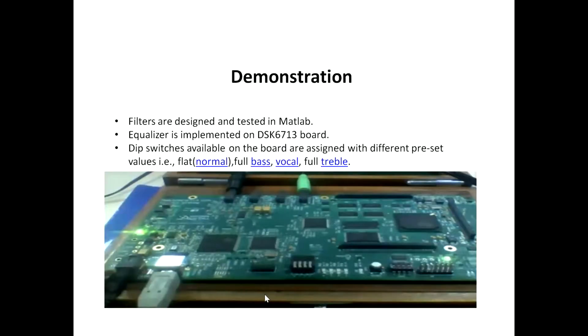So if we choose scaling factor A, B, C equal to 1, then we will get flat or normal frequency response. So if the signal is passed through the preset normal, all the frequency contents, that is bass, vocal and treble, are weighed equal to 1. So all the frequencies will be normalized.